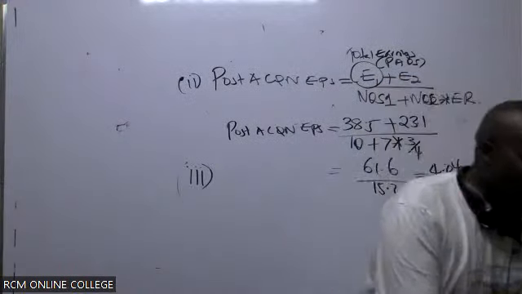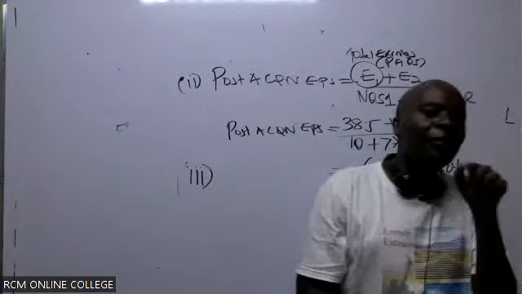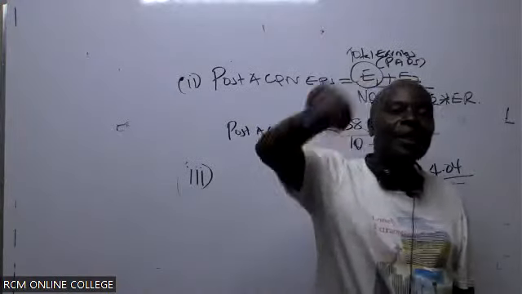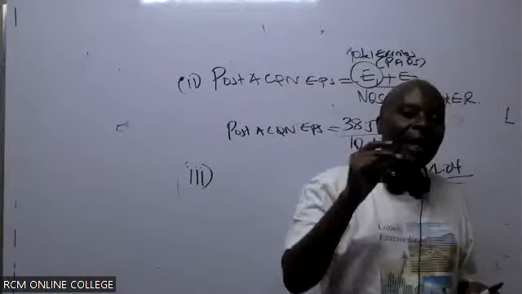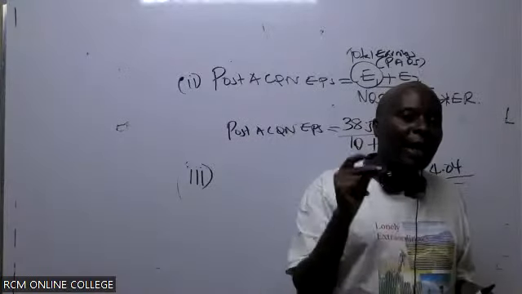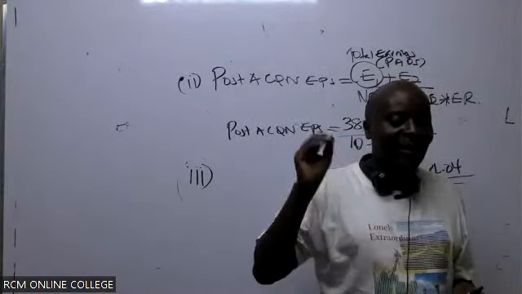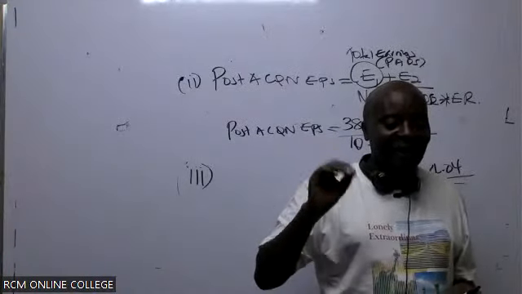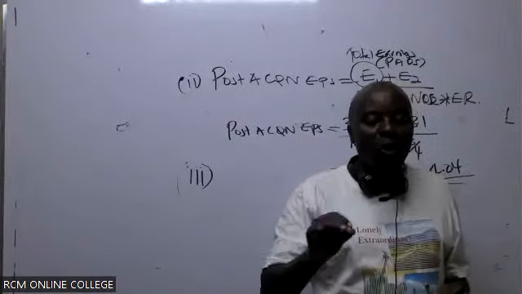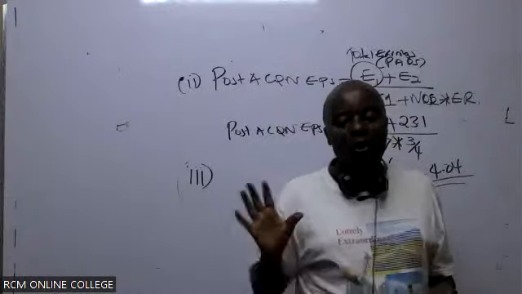So, ladies and gentlemen, here there is a debenture involved. And I gave you a secret: whenever a debenture is involved, or a preference share is involved, there is something I must always remember. Exchange ratio will always be equal to 0.